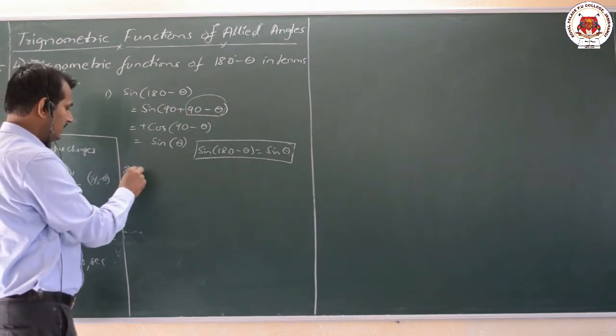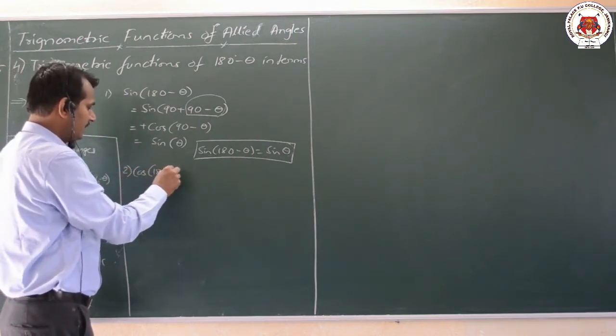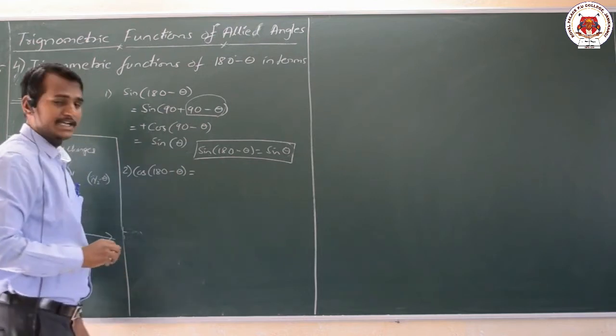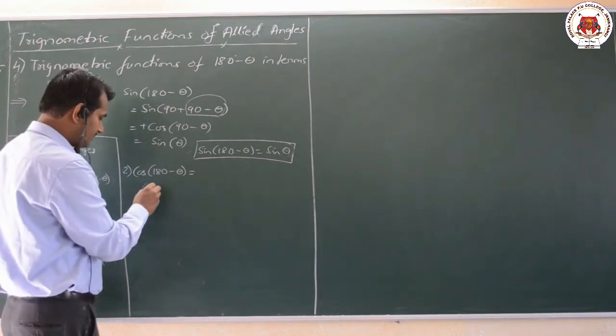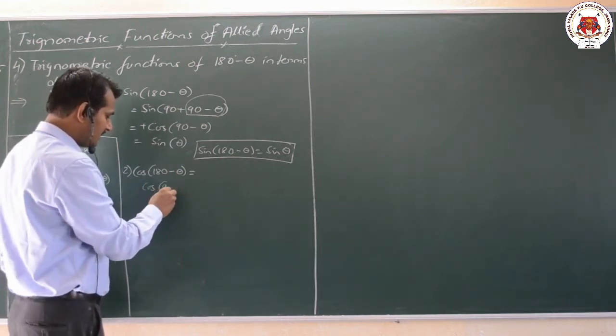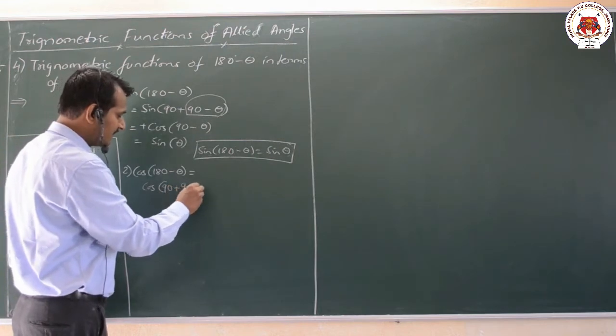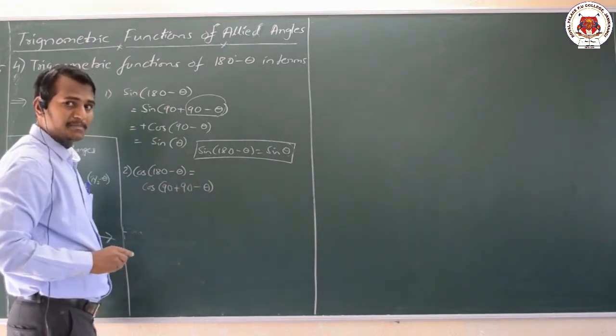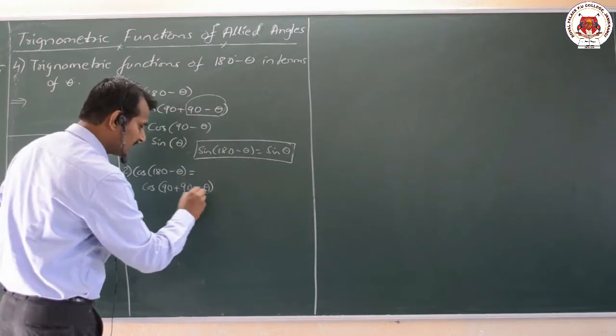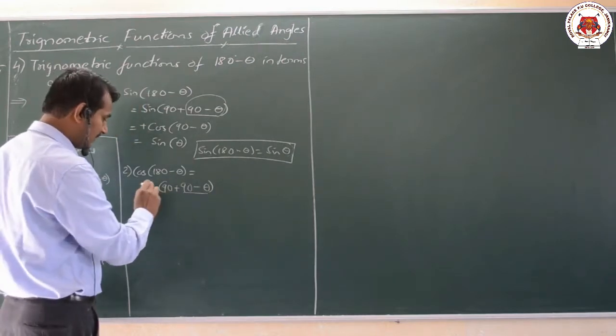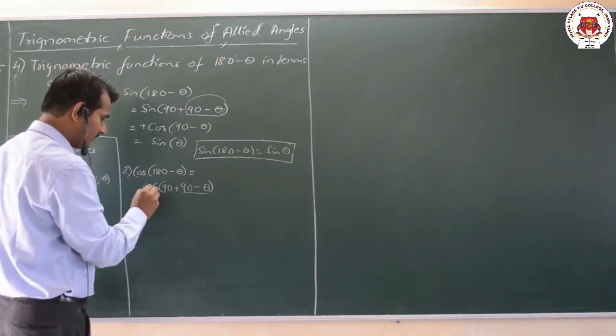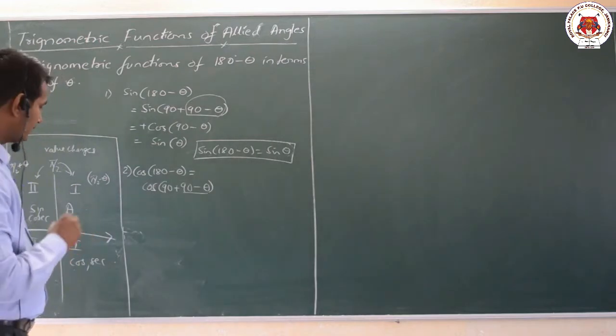Then the second one is cos of 180 minus theta. Again I can write it as cos of 90 plus 90 minus theta, which is cos of 90 plus theta. Let us examine this 90 plus theta.